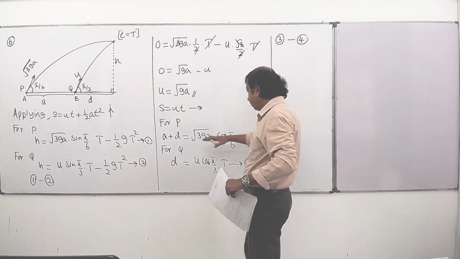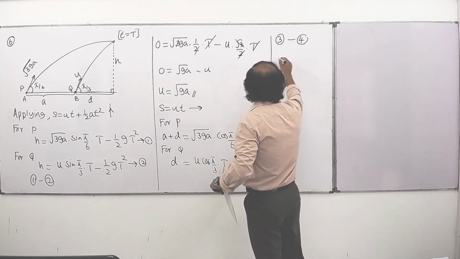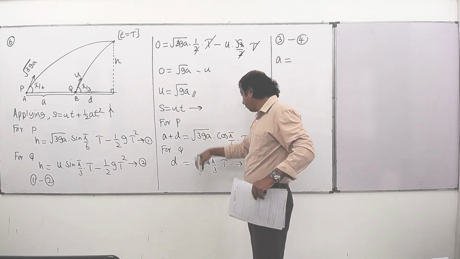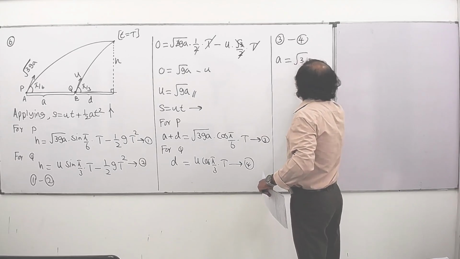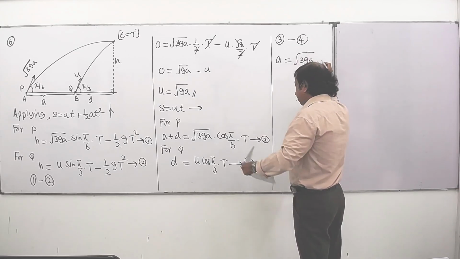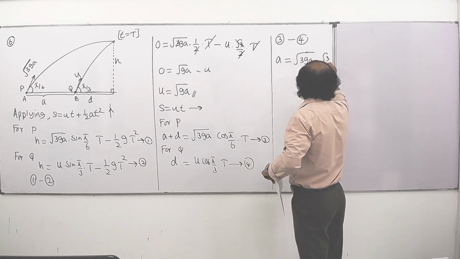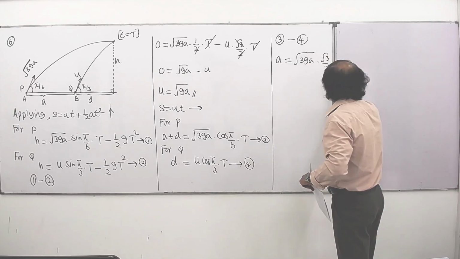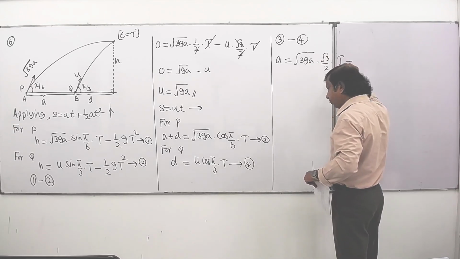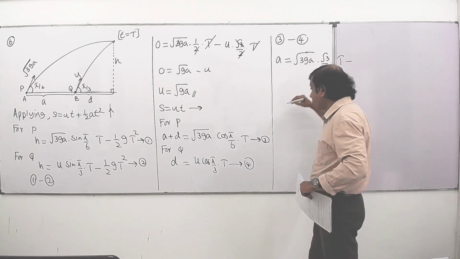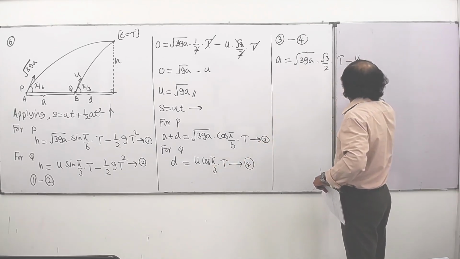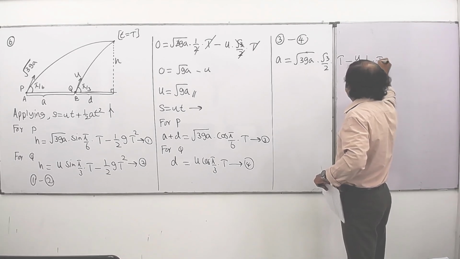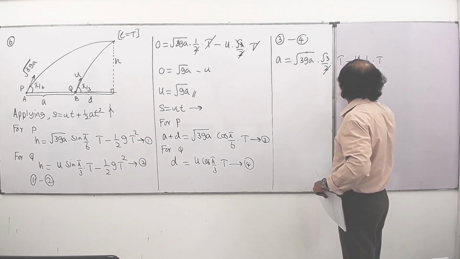Right. What do you get? You get a. d will cancel when we subtract. Here root 3 g a cos 30, root 3 by 2, times t, minus cos 60, half, times t. This and this you can cancel down, no?